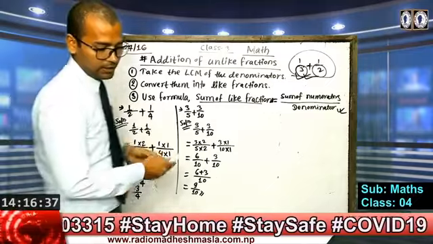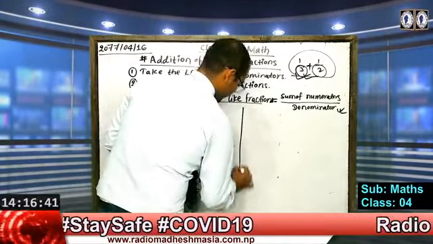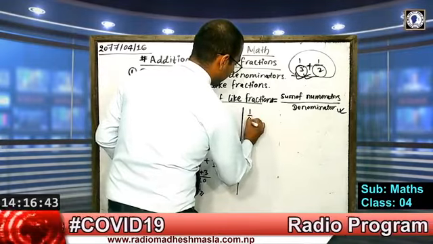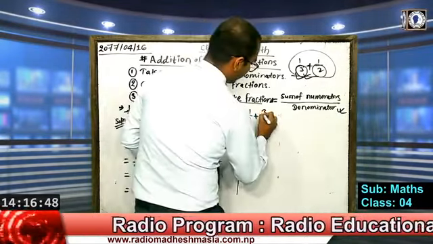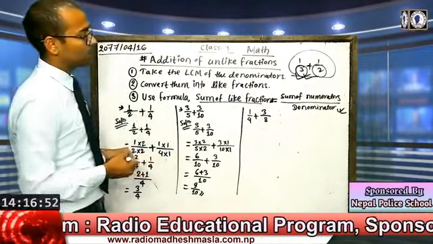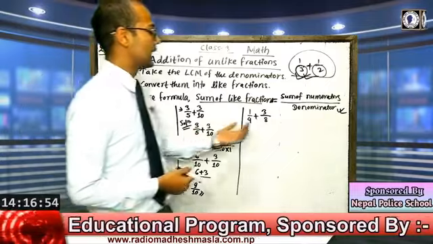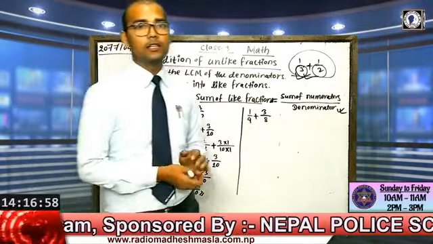So here we have given 1 by 4 plus 3 by 8. In this condition also these two fractions are unlike fractions, so we have to take the LCM first.